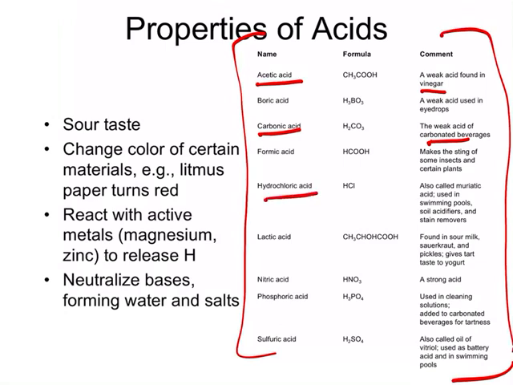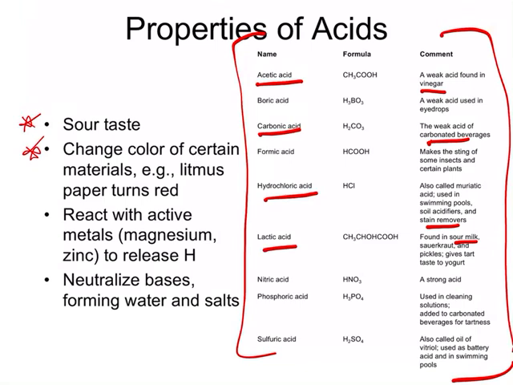Carbonic acid is in carbonated drinks. Hydrochloric acid is in your stomach, and also used in different things like stain removers. Lactic acid is in milk, and so on and so on. But these are just some properties of acids.